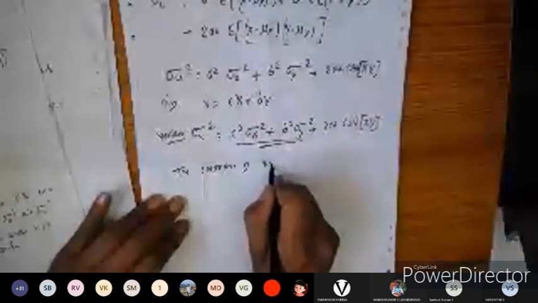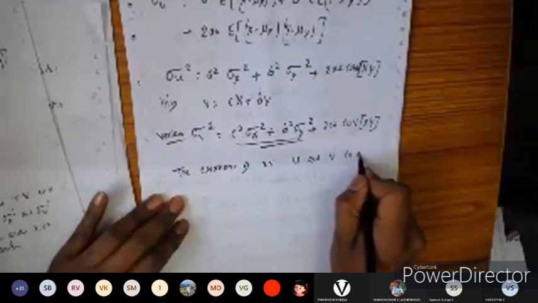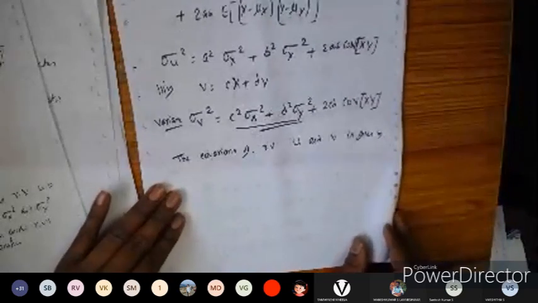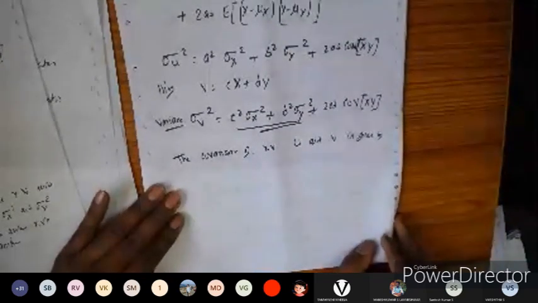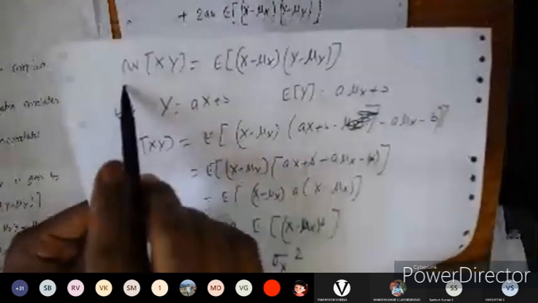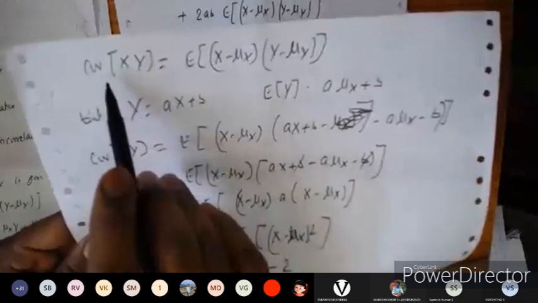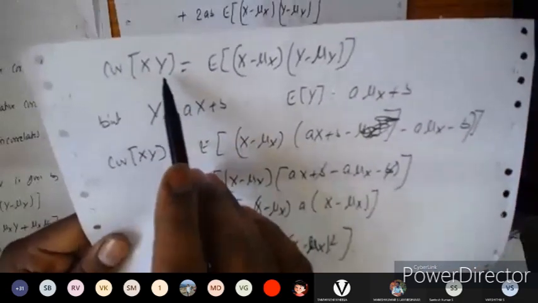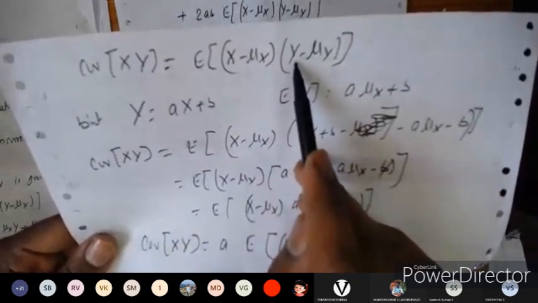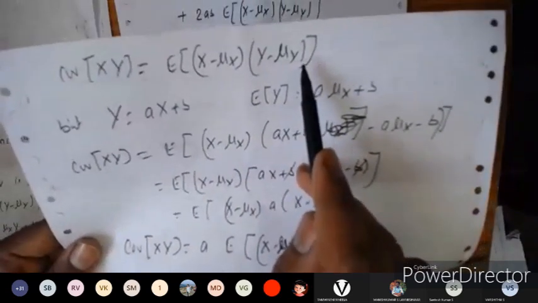So the covariance of the random variables u and v is given by the expectation of u minus the mean of u, and v minus the mean of v. Okay, so let us find out that one here.